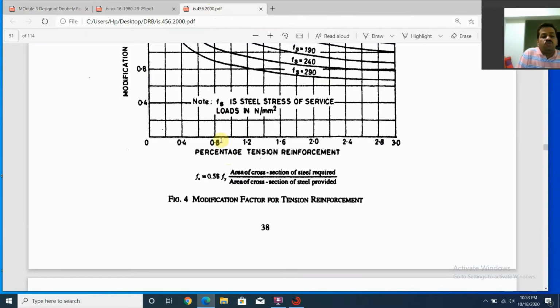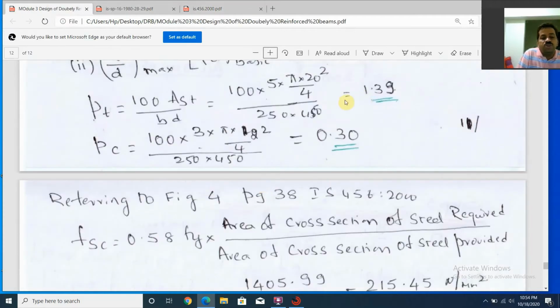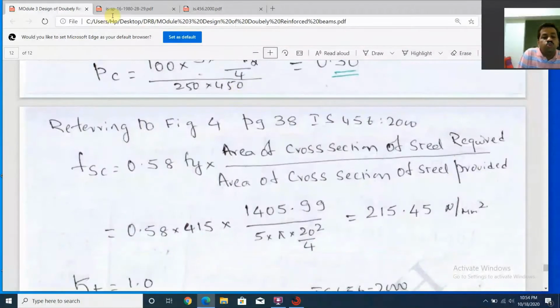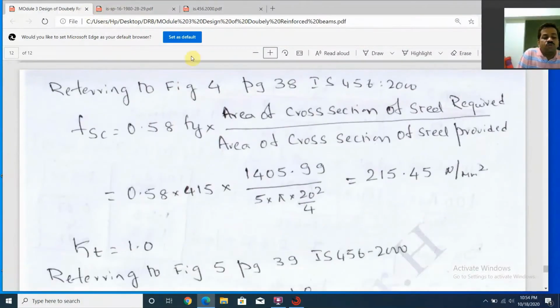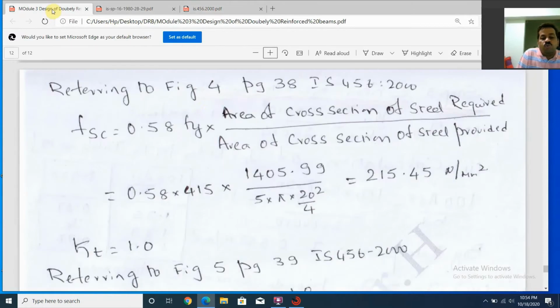Now with this, we know the percentage of tension reinforcement here is 1.39, rounded off to 1.4, and Fs is 215. So what we do here is refer to the chart for 1.4.